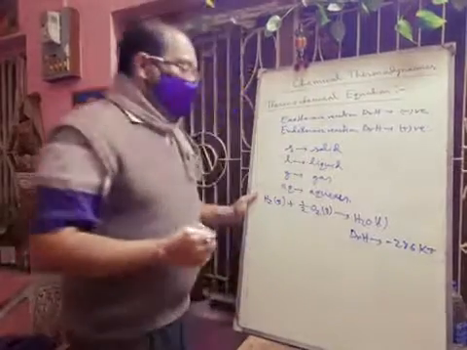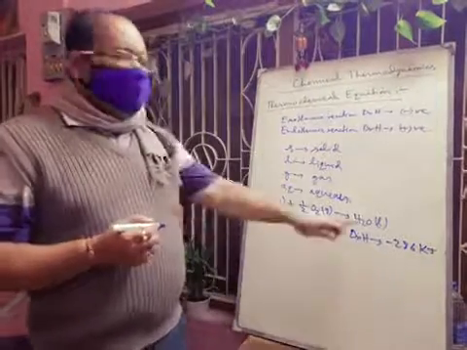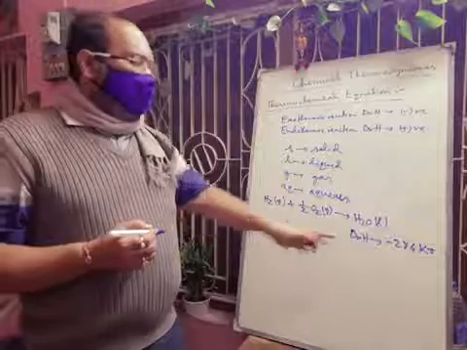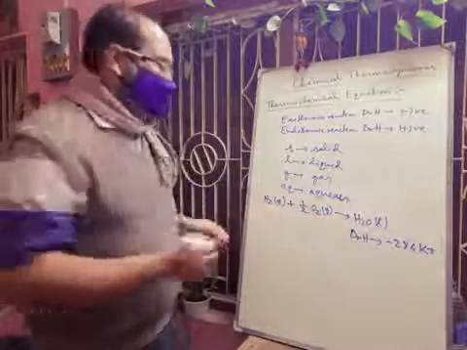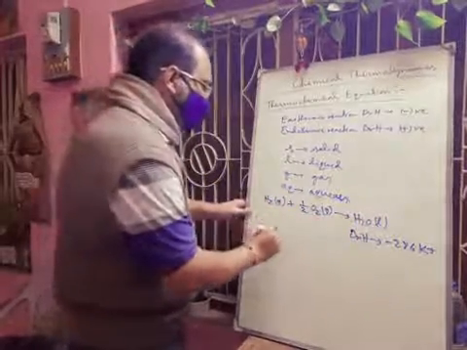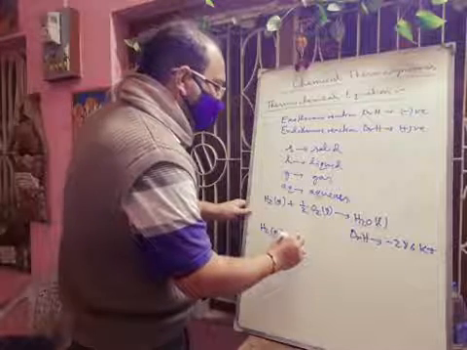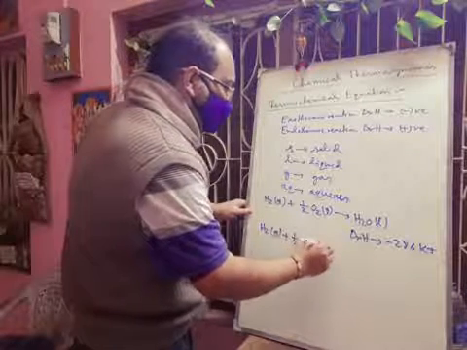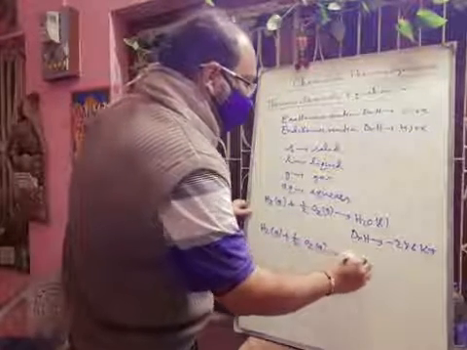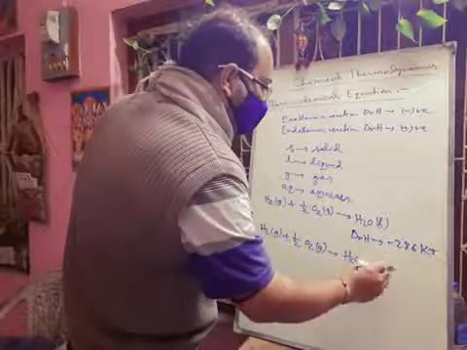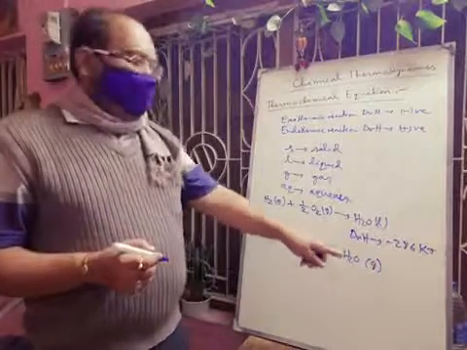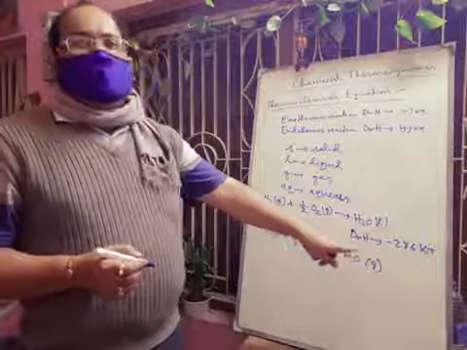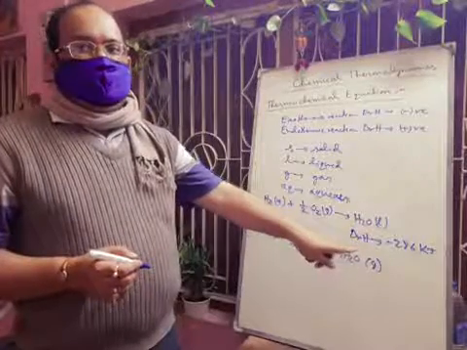But if we change the state, here in place of L, if we write vapor, that means gaseous state, suppose H2(g) plus half O2(g) forming H2O(g), then the delta RH value will change.